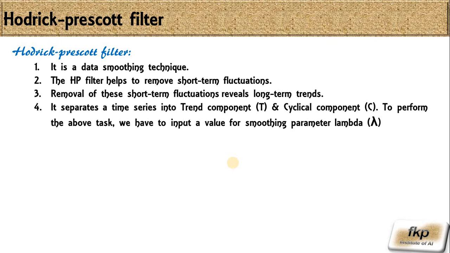Understood? So, the HP filter helps us to remove short-term fluctuations, and so it reveals the long-term trend in a given time series. Okay, let me summarize. The main objective of the HP filter is extracting the trend component out of our time series plot or time series data.